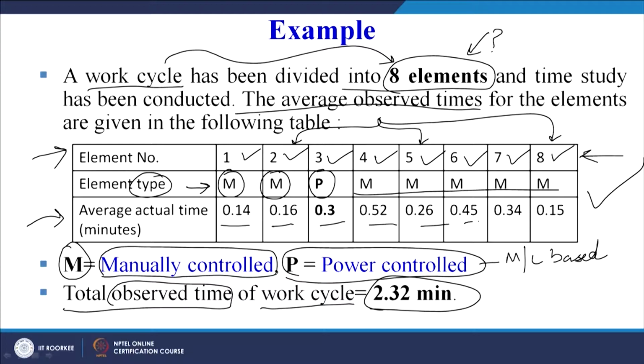So if we have the PMTS data also available for each element, we can calculate the individual rating factor for each element and then multiply the average actual time with the rating factor to calculate the normal time for each element, and then add up the normal times for all the elements to calculate the total normal time.